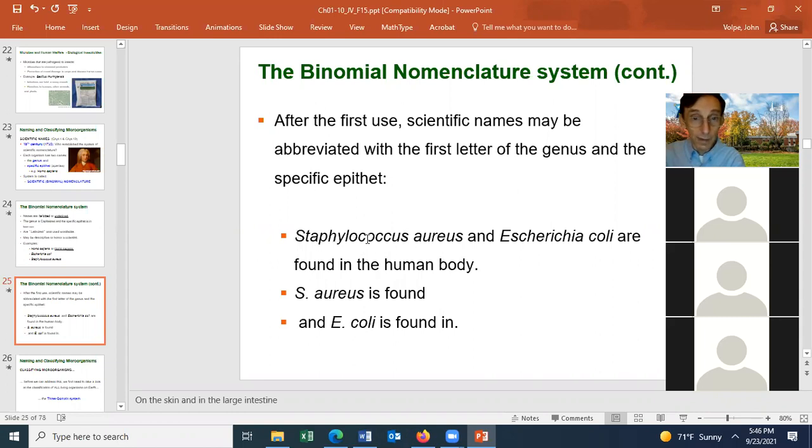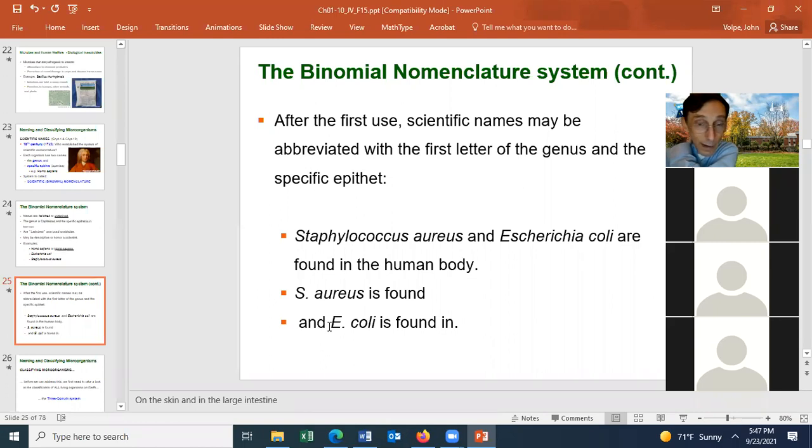The first time you spell it out, and then all other times you can abbreviate it. So S. aureus is found on the skin and the nasal passageways, perhaps in the throat too. And E. coli is found in the intestines and the colon.